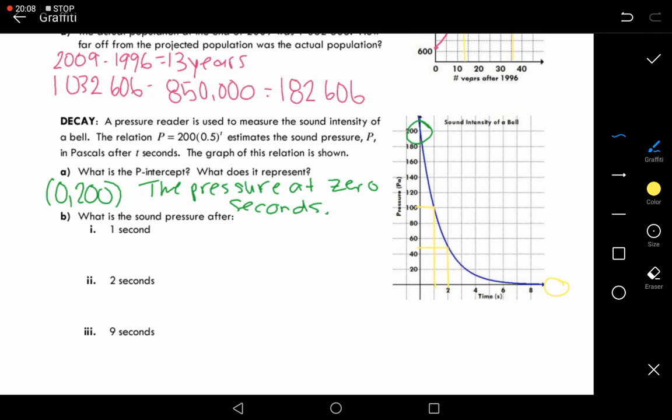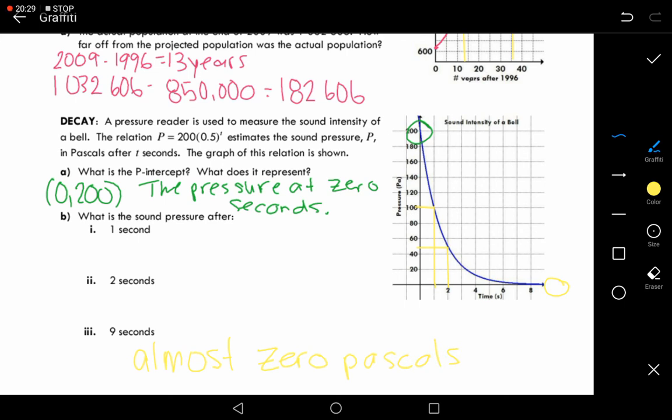It's not going to cross that x-axis. It's not going to have an x-intercept, but it's going to come really, really close. So at 9 seconds, it's going to be almost 0. And pascals is just a measurement, okay?